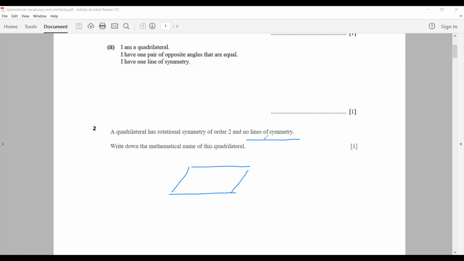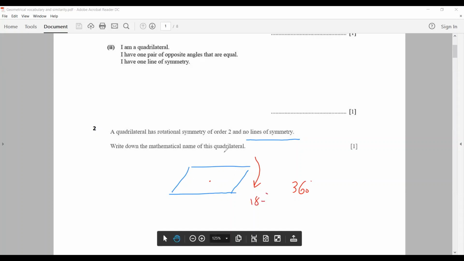Basically, rotational symmetry means when you rotate this around its center and make 1 complete revolution, how many times is it going to fit its outline perfectly. So if you rotate this parallelogram 180 degrees, you're going to get the same shape, right? If you rotate it 90 degrees, this is what you get.